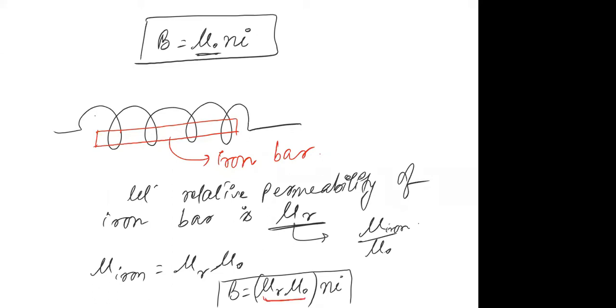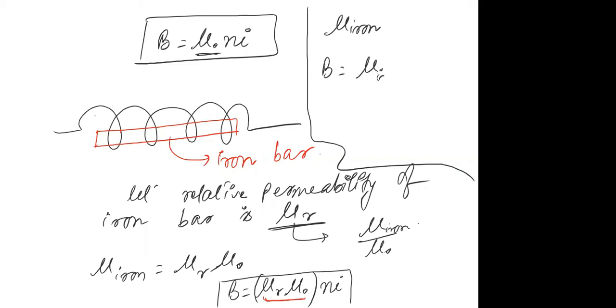And if, in place of relative permeability, the permeability of the medium is already given, for example, if the permeability of iron is given, you will not write this, you will simply write B is equal to permeability of iron multiplied by n into I. Did you understand or not?